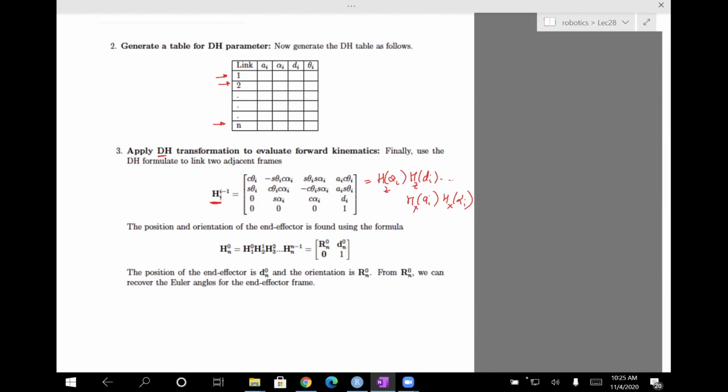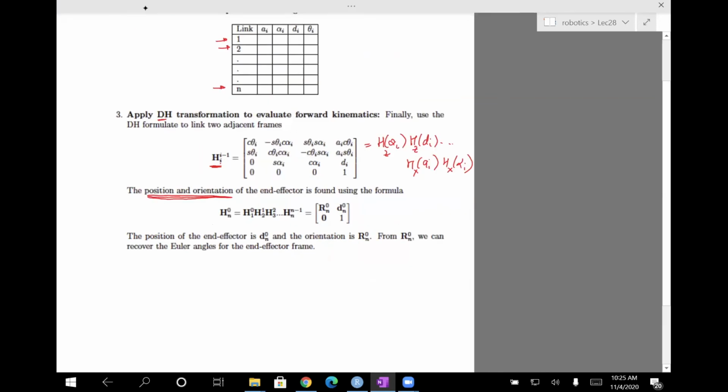Okay, so that's easy. The final step is we want to find the position and orientation of the end effector. So again, imagine this manipulator. It has these links. Finally, there is an end effector. That's your link n, and this is your link 1.